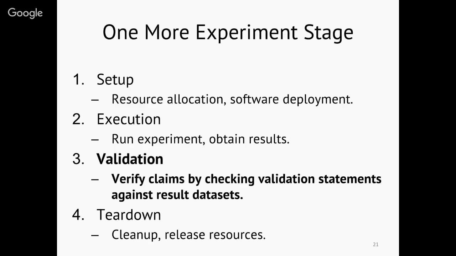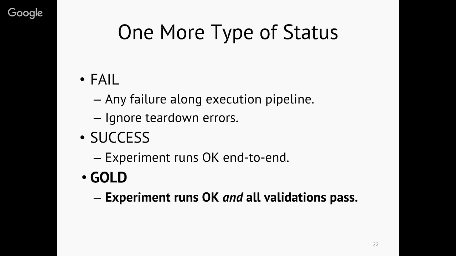And if we do this, we can actually add a new stage at the execution of an experiment, which is not just execution but also validation, verifying the claims hold against the results that we just obtained. And if we do this, then we can have one more type of status for an experiment.